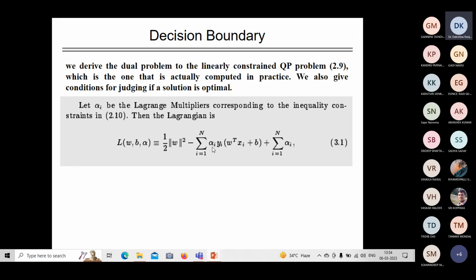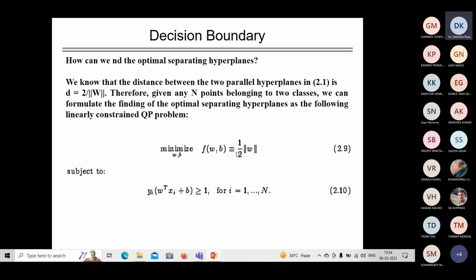Here you can see that alpha i is multiplied with this constraint. So what was the constraint? yi into w transpose xi plus b greater than or equal to 1. When we write the constraint, we will simply write equal to 1: yi into w transpose xi plus b equals 1.